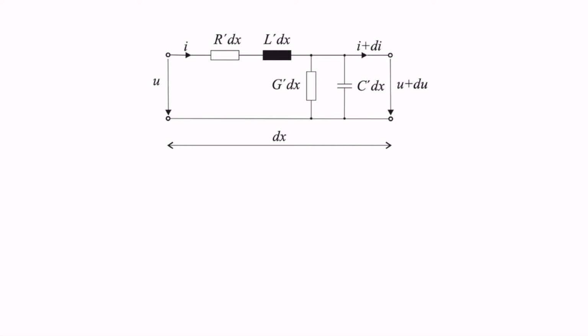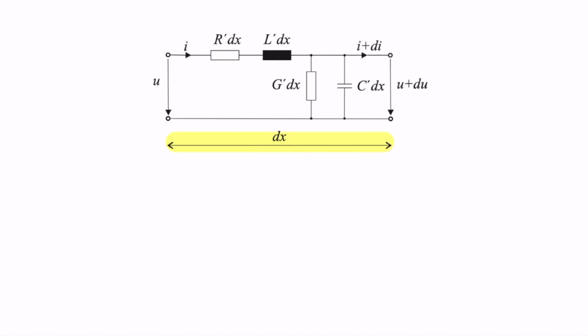If we look at the scale of the line, we can understand it as a one-dimensional element. All these phenomena can be seen for a delta x of the length of this line, and we can basically integrate all these elements over the distance of the line.